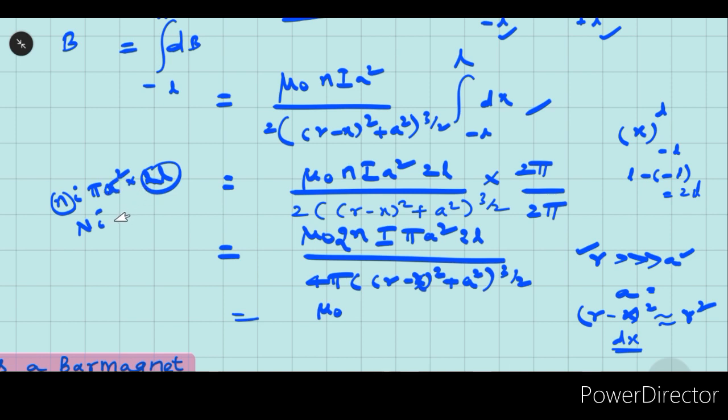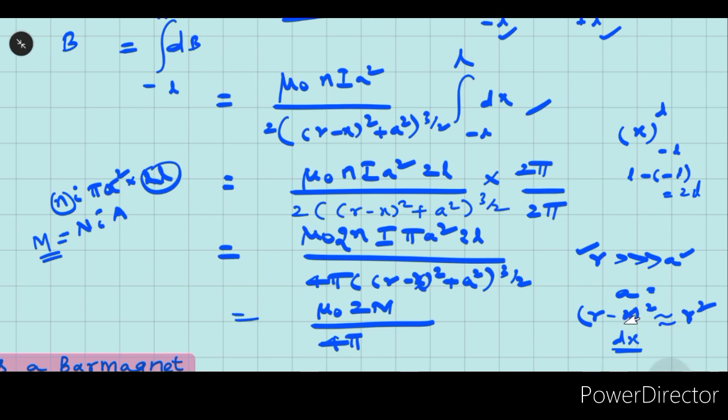Pi a square is capital A, the area of the coil, which is equal to capital M, the magnetic moment. So we can write the above expression as 2 into capital M divided by 4 pi.